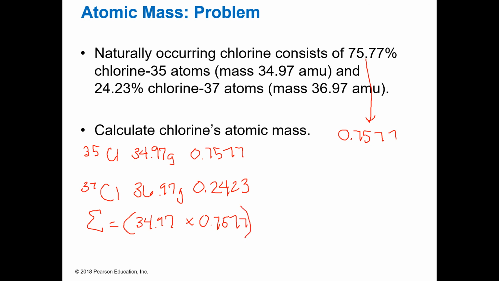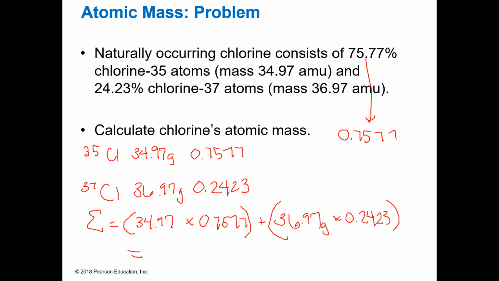So you're taking the mass times the abundance, and then I'm going to add it to the next one. That's where the sum comes in. So 36.97 grams times 0.2423 for the abundance. Okay, and then we're going to do the math.